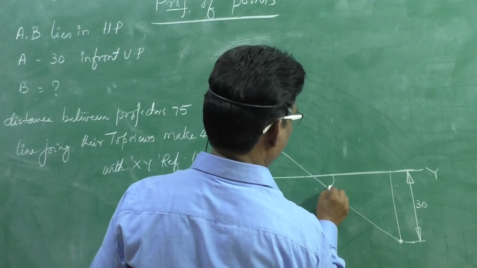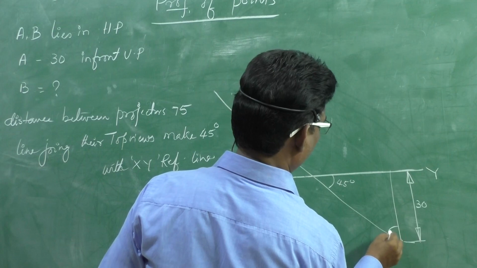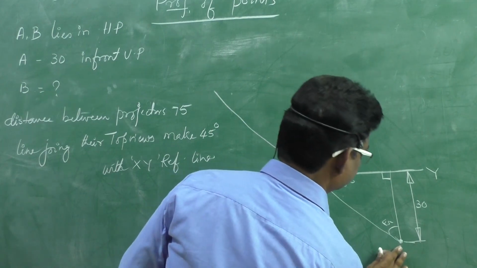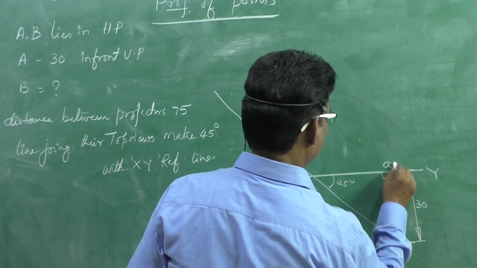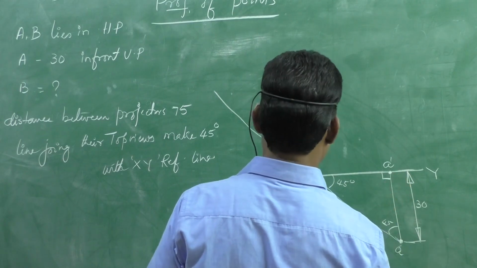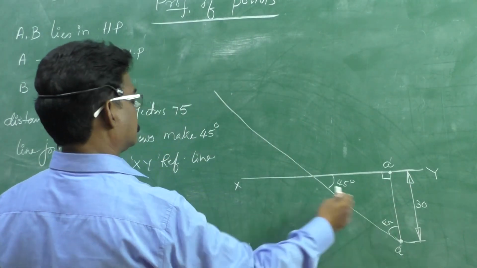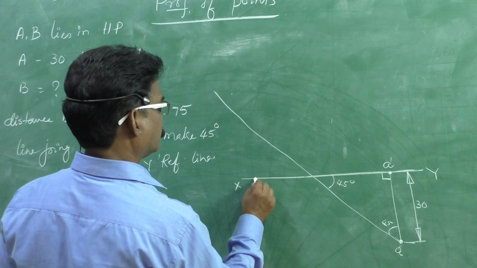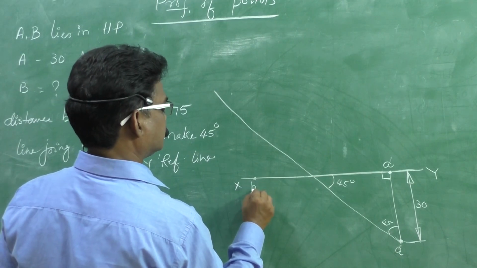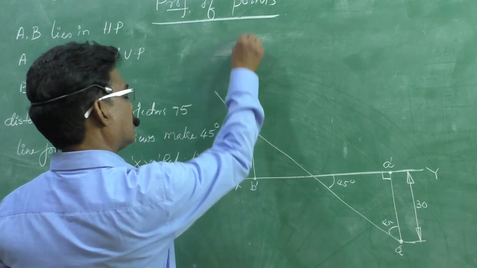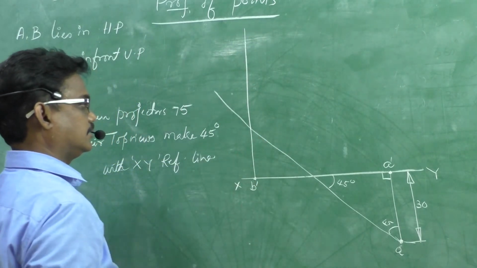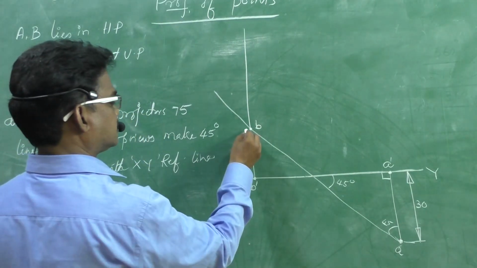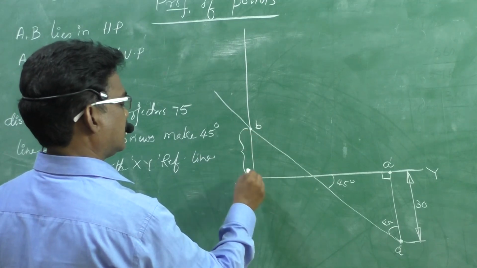This is 45 and this is also 45 because this is 90. This is A and this is A dash, the front view. Now, the distance between the projectors is equal to 75. At a distance of 75, this is B dash, and you need to draw a vertical line that will cut here. This is B top view. And this distance we need to measure and write here.